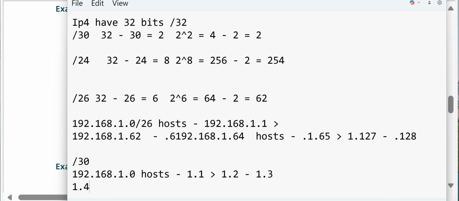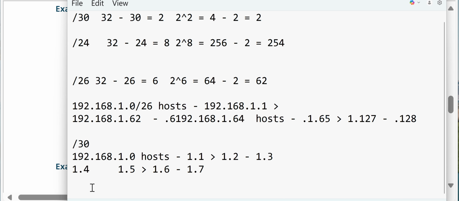And then your hosts would be 1.5 to 1.6, with your broadcast being 1.7, and then the network below would be, we would start with 1.8, that would be the network IP. Your hosts would be 1.9 to 1.10, with the broadcast being 1.11, and so on and so on.